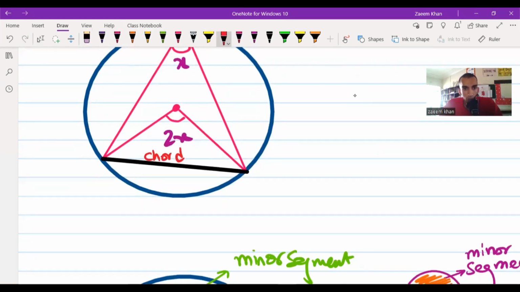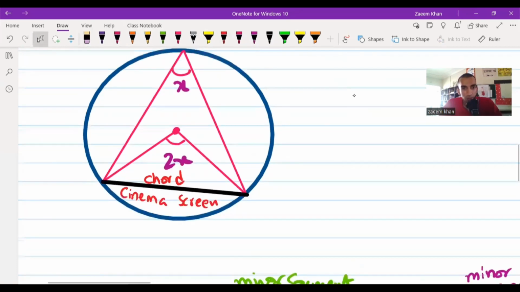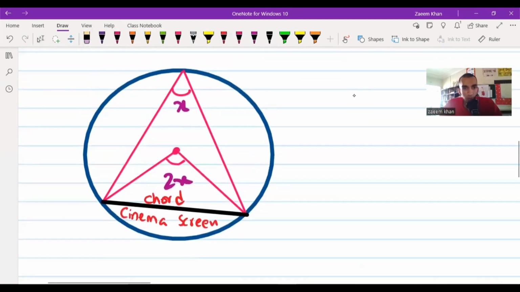But if I were to call it a cinema screen, please do not write cinema screen in your exam. It's just an example. If I were to call it a cinema screen and there happen to be tons of seats over here, everybody sitting over here trying to watch a movie, the guy sitting at this position and the guy sitting at this position, how can we relate each of their angles?